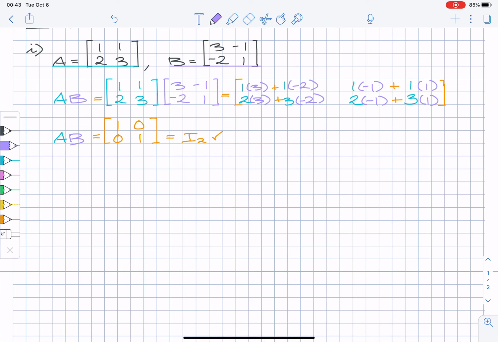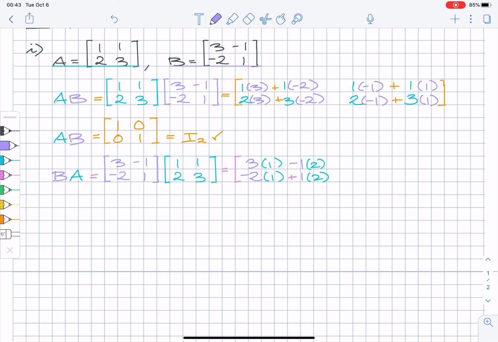Okay, what about B times A? Well, that's going to be matrix B here in purple times matrix A here in blue. Okay, so what's that going to be? Well, now it's going to be the purple matrix 3, -2 times the first entry 1, 1, plus -1, 1 times the second entry 2, 2 in that first column.